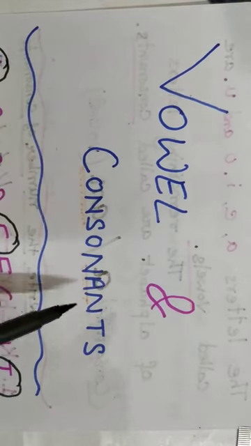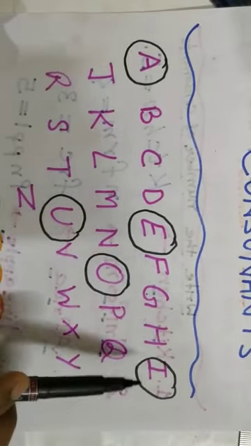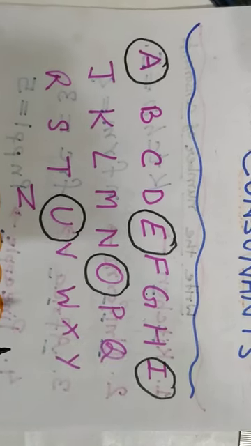Okay? As you all know, from A to Z, A, E, I, O, U, these five are vowels.